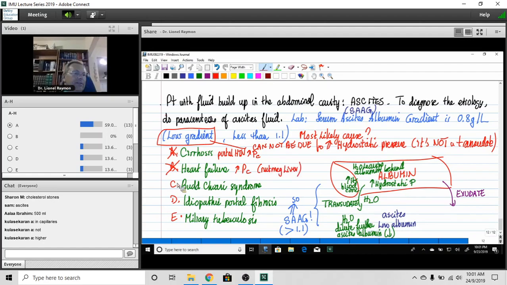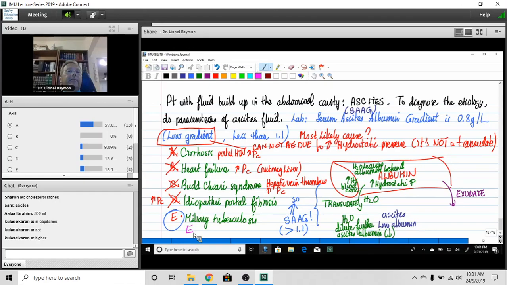It cannot be Budd-Chiari syndrome, because hepatic vein thrombus would increase hydrostatic pressure. It cannot be idiopathic portal fibrosis, because that would increase hydrostatic pressure too. It had to be miliary TB, because in miliary TB I'm going to have an exudate.